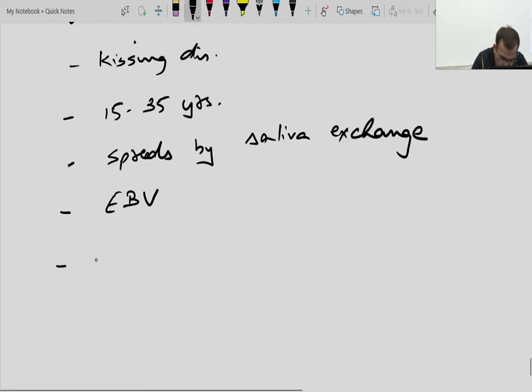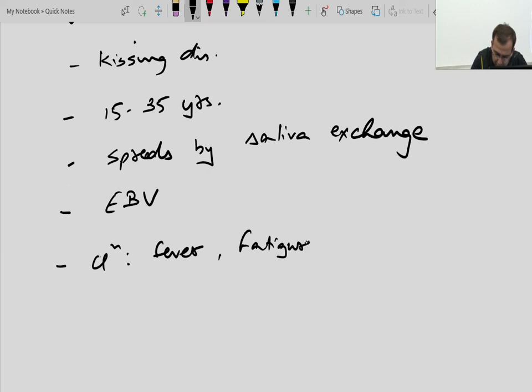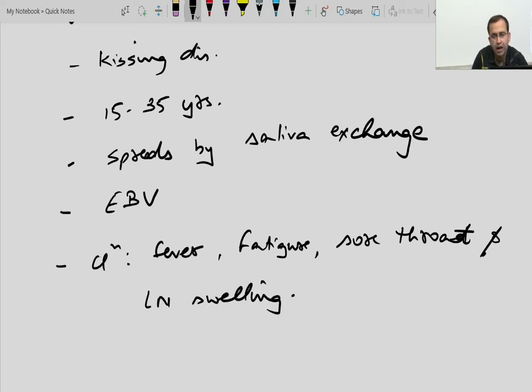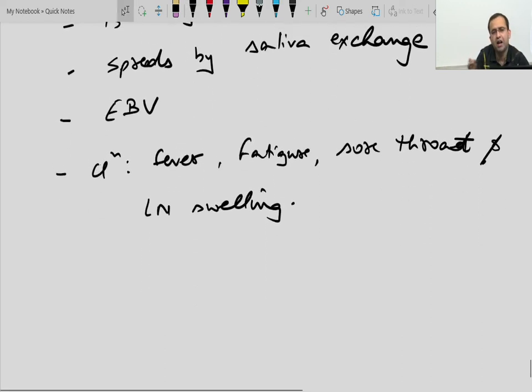Next point, clinically it is associated with fever, fatigue, sore throat, and lymph node swelling. This is more common. It's a varied presentation. Less often the patient can have rash or muscle soreness and so on.